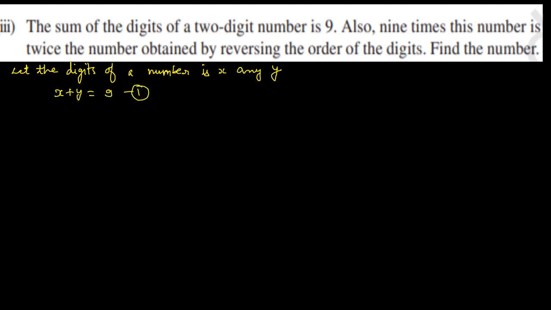Also, 9 times the number is twice the number obtained by reversing the order of the digits. 9 times the number. So what will be the 2-digit number? Let the digits of the number be x and y.